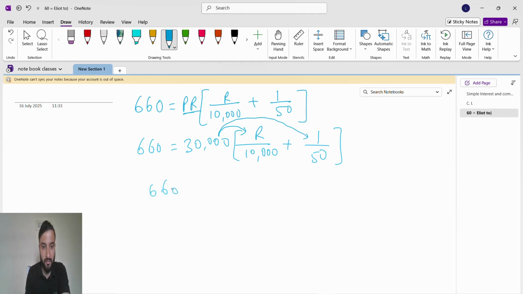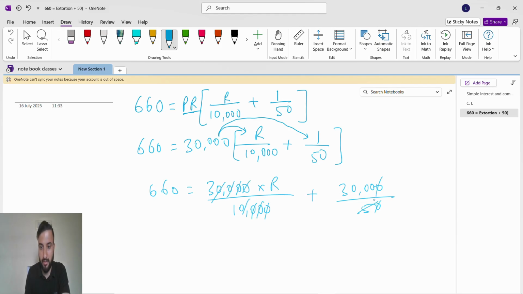So it becomes 660 equals 30,000 into R divided by 10,000, plus 30,000 divided by 50. Cancelling the zeros gives 3, and 30,000 by 50 is 600. So it will be 660 equals 3R plus 600.